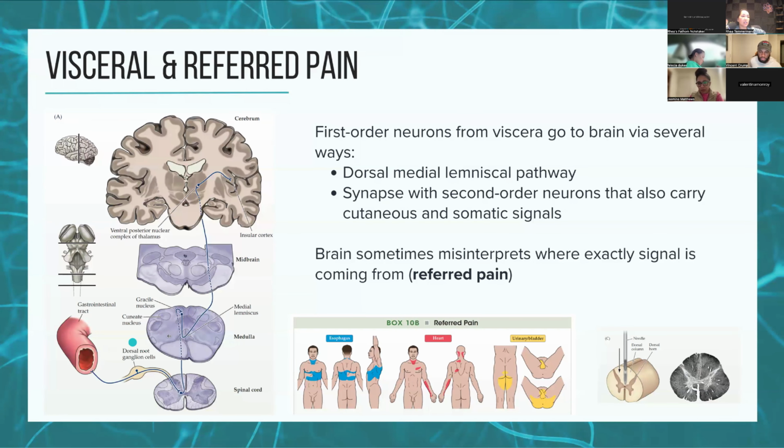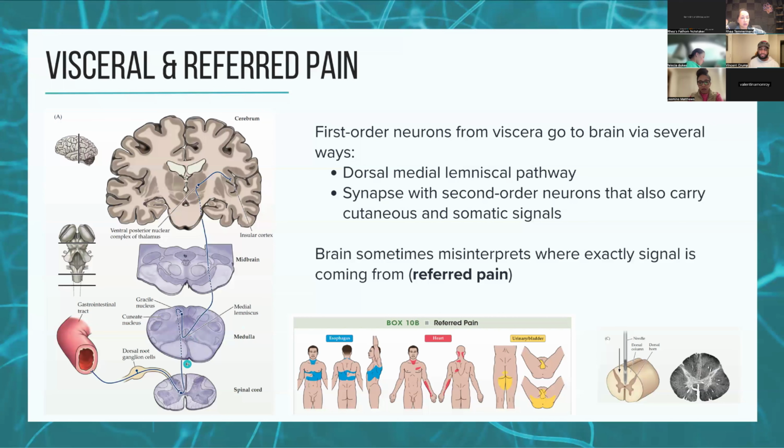And so, because your brain is misinterpreting where exactly the signal is coming from, we have this experience of having referred pain. And that's why people, for example, men and women that have a heart attack, have pain in their shoulder, their lower back, or other parts of their body, because the brain is kind of confused as to where that signal is coming from, right? And that's why we're getting referred pain.